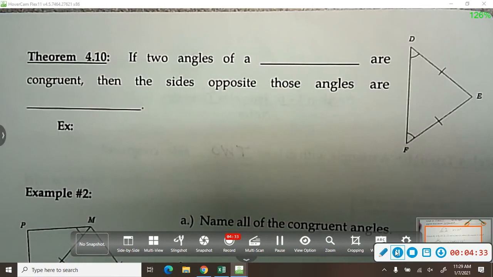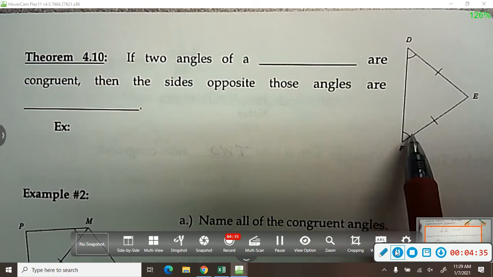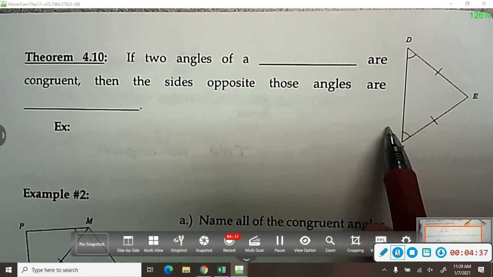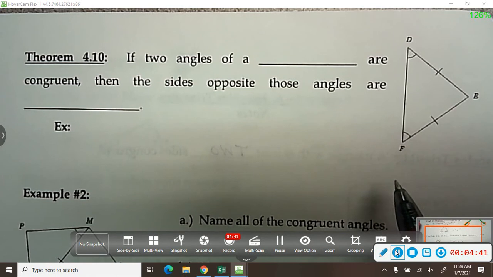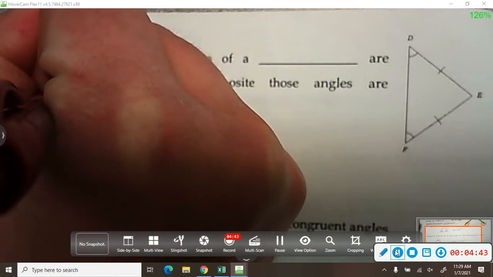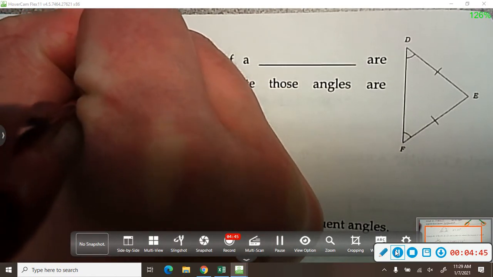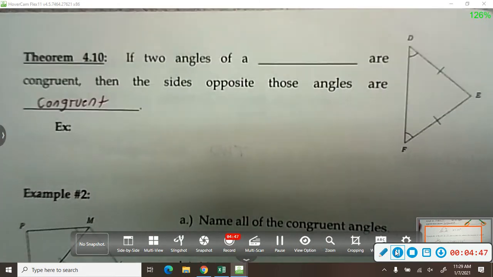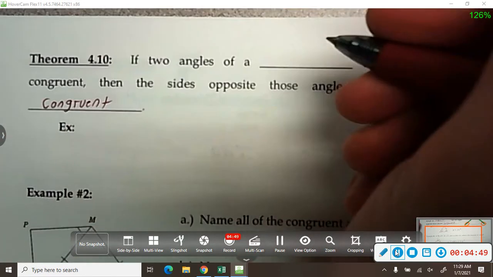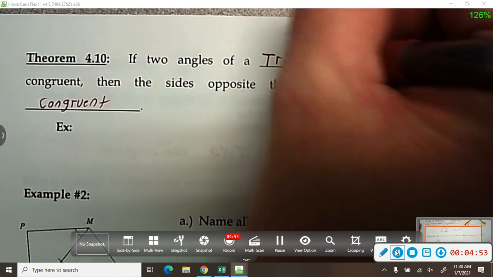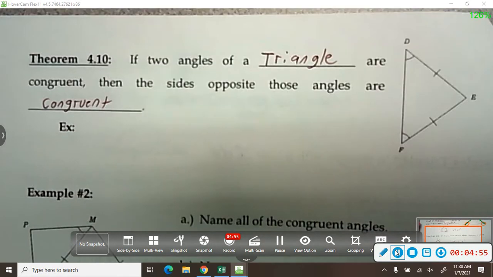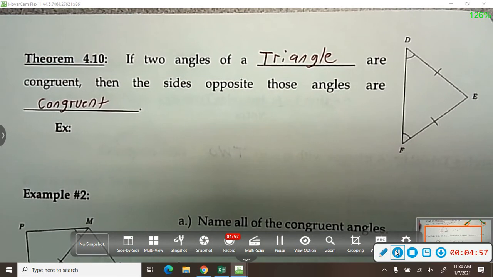Another theorem says that if we know that those two angles are congruent, then the sides opposite those angles are also congruent. So if two angles of a triangle are congruent, then the two sides opposite those are congruent. So here's an example.